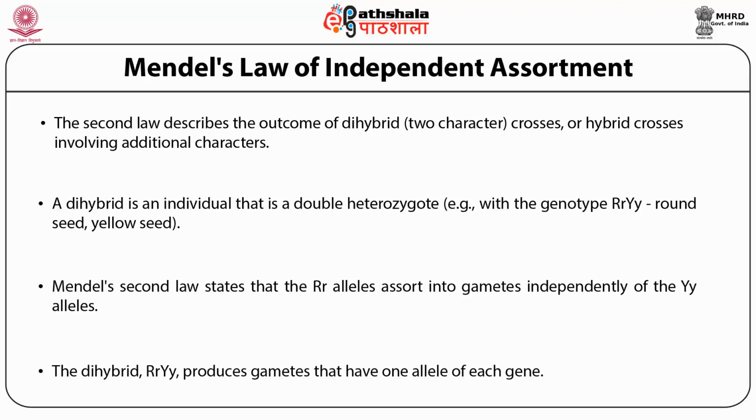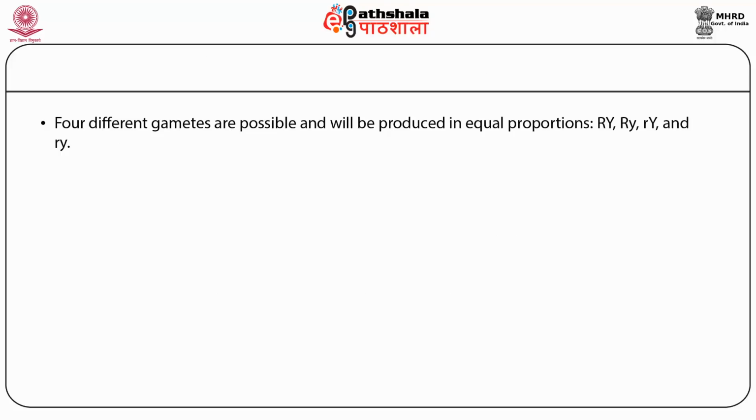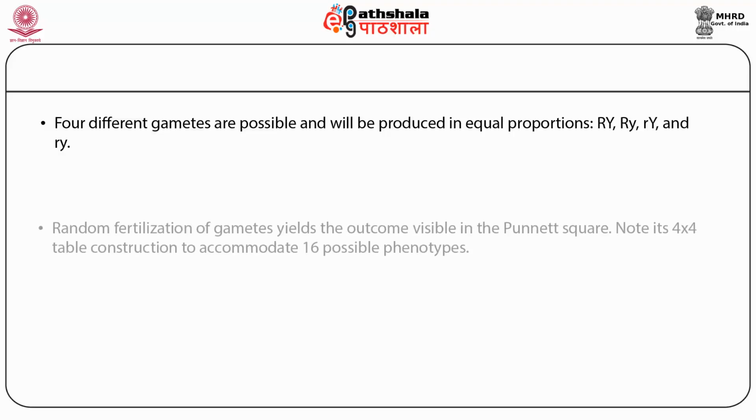Dihybrid RrYy produces gametes that have one allele of each gene. Four different gametes are possible and will be produced in equal proportions, that is capital R capital Y, capital R small y, small r capital Y, and small r small y. Random fertilization of gametes yields the outcome visible in the Punnett square.